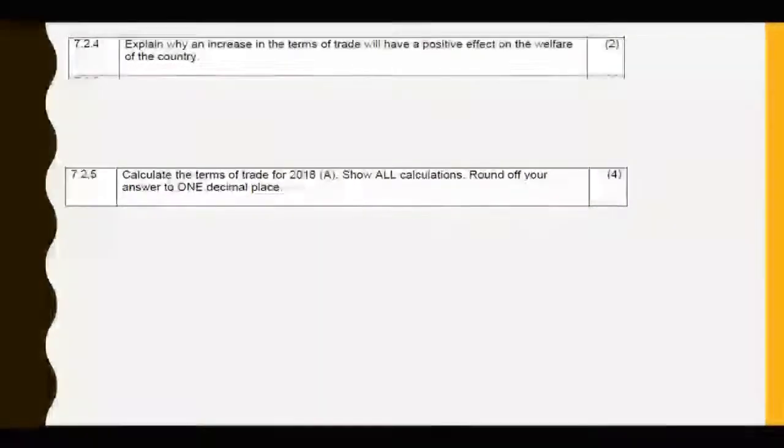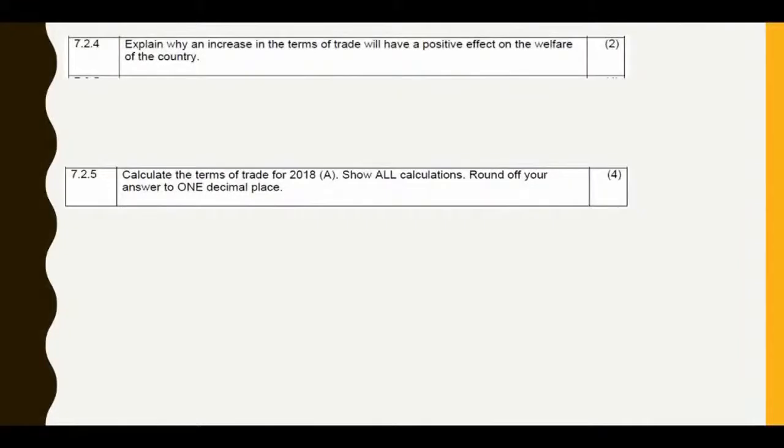So if either one of those things happen, the welfare of the country, so the standard of living of people in the country, is going to improve. Both of those are going to be positive. And now we just need to put that into a sentence.